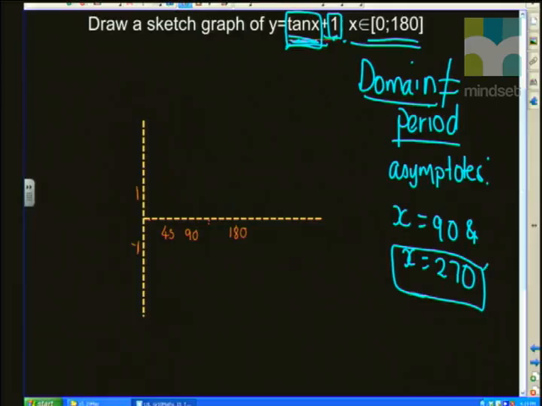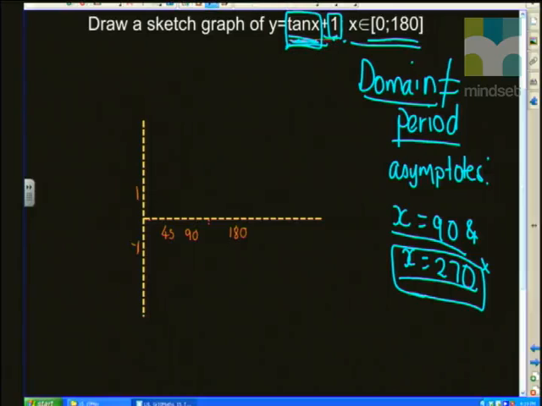So that means this one is going to be outside of the domain that we're looking at. So therefore, we don't have to put that specific asymptote in because it's not going to be on our graph. So therefore, x is equal to 90 is the only asymptote that we are interested in.